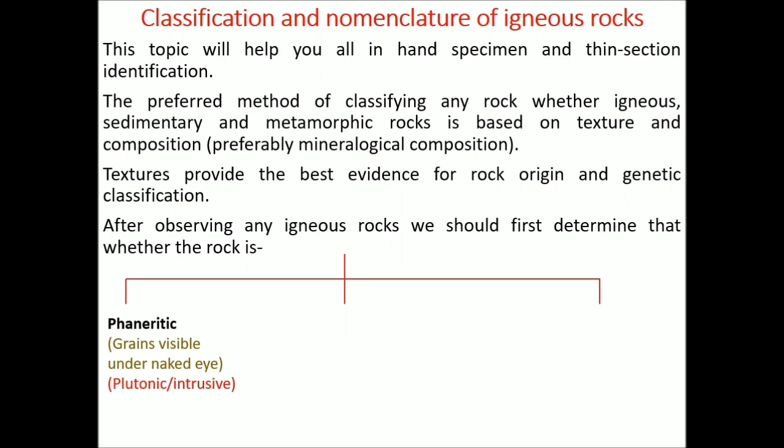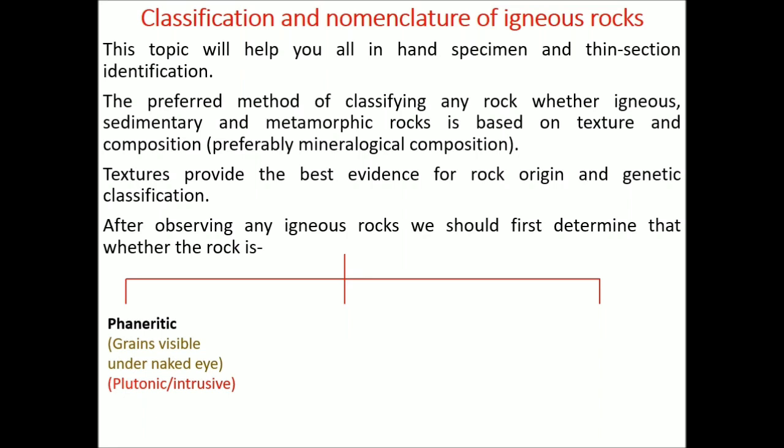For that, the detail of crystal systems, 7 systems, like triclinic, monoclinic, trigonal, hexagonal, orthorhombic, tetragonal, and isometric.